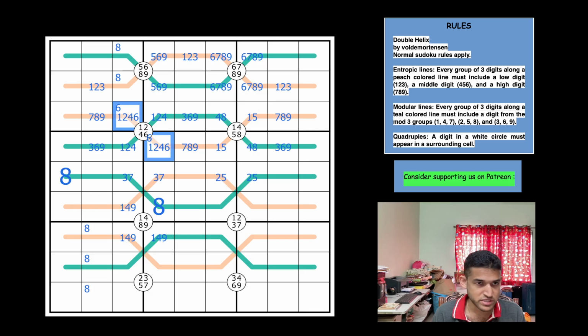And the moment 6 goes here, look at this peach line, 4 cannot be there because 4 is from the same set as 6. So it's 1, 2 and 6. And that gives 4 in here. That's excellent. And you know that on a teal line, modulo 1, 4 and 7 are from the same set. So 1 cannot be immediately next to the 4 on the line.